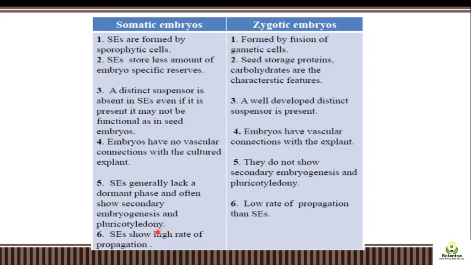While in somatic embryogenesis, as the conditions are controlled in vitro, we are giving all the conditions to all the cultured embryos, so that's why there is a high rate of propagation, and there is a low rate of propagation in nature.